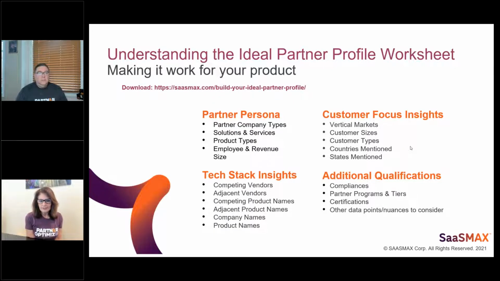Then we move over to tech stack insights. And this is critical because based upon the tech stack that they're selling to their partner base, to their customer base, means that they'll likely be talking to the right purchasers within the ideal customers. So if they're not aligned in these things, if they're not already selling solutions that match up with your product, they probably have the wrong buyers that they have relationships with.